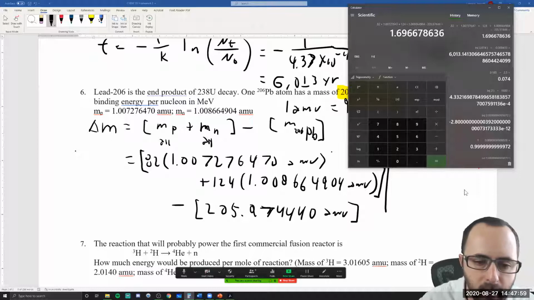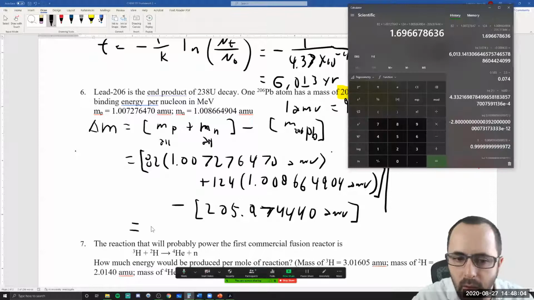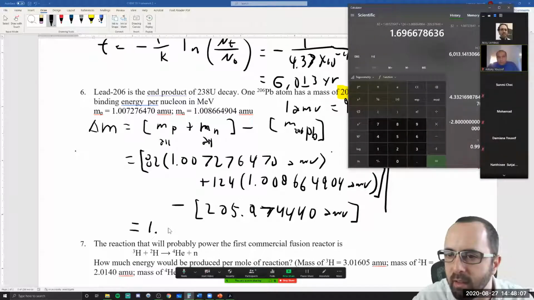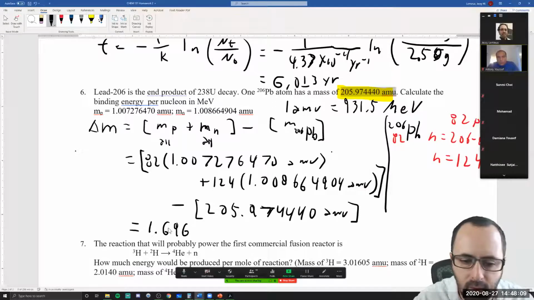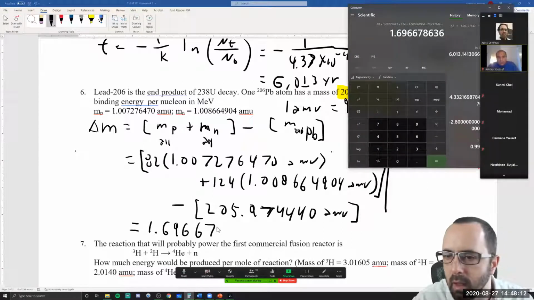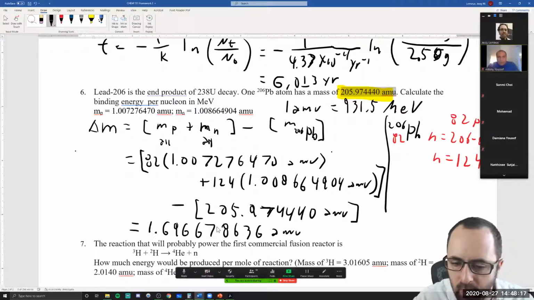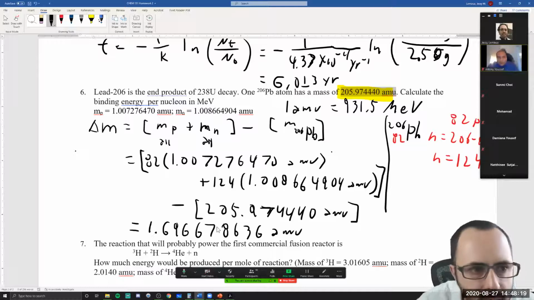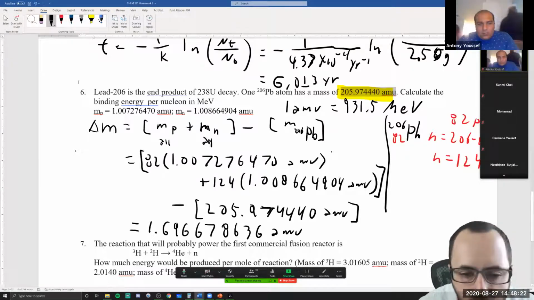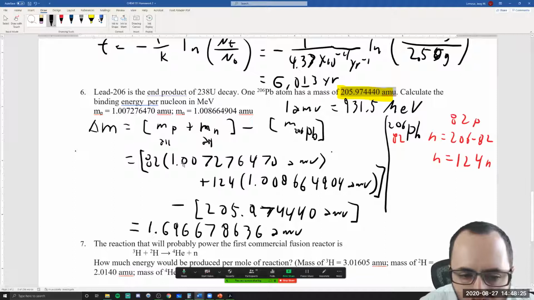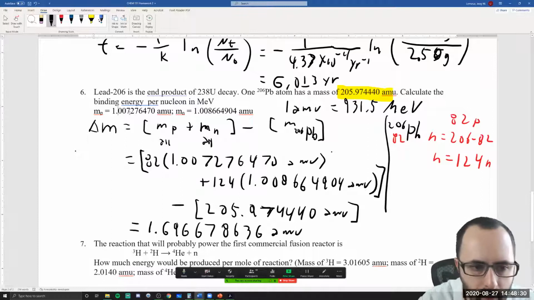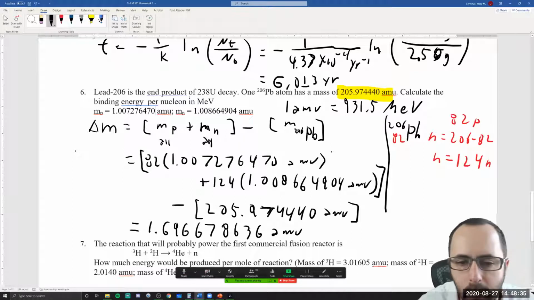You got the same? Now let's make sure we know the right number of sig figs for this too. So I'm going to write out what came out of the calculator: 1.69666678636 AMUs. Now let's look at the place values. For the proton, it's 1, 2, 3, 4, 5, 6, 7, 8, 9 past the decimal.